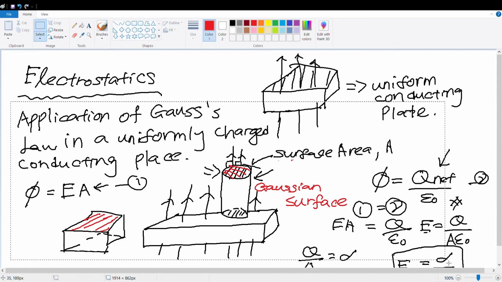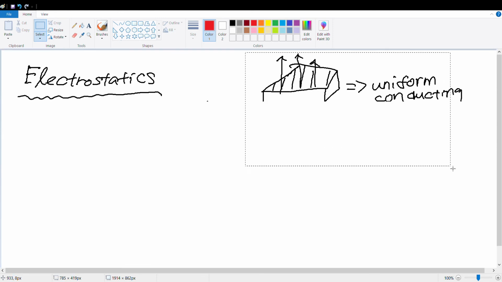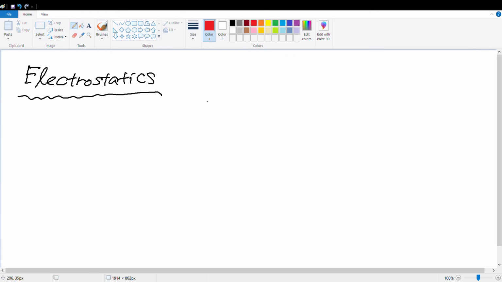Let me just erase this one, and this one as well. Let's move on to electric potential.